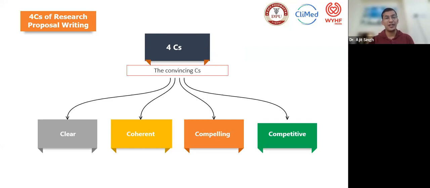And then compelling, the same thing I was telling in the last slide. Compelling means it should show your confidence, that you are the right person to pursue this project, and that your proposal is the best proposal. And then competitive: they should feel that no one else in the list can compete with this project.